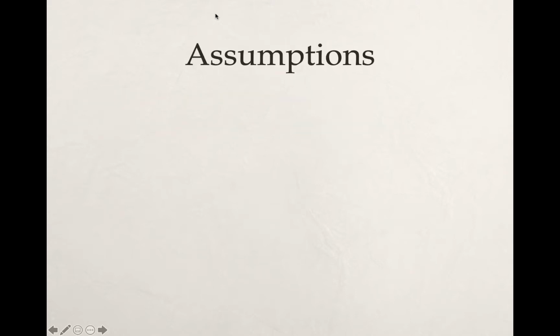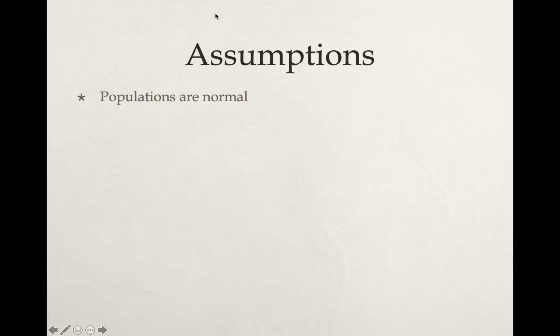All right, so we want to go through our assumptions, and again, we're going to want to make sure that we have these assumptions met. The first and foremost, and we should be used to this one now, is that the populations are normal. For the time being, I am giving you samples that are coming from normal populations.